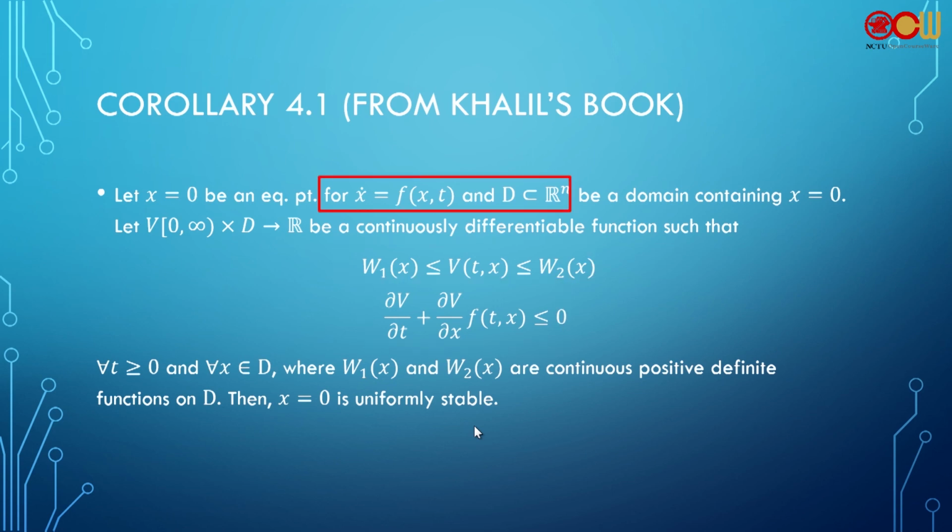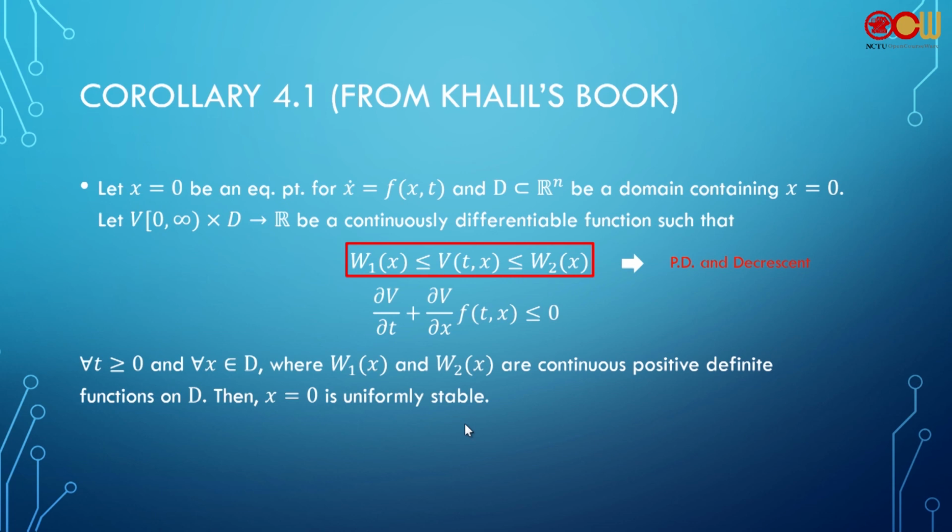So if you find this V that satisfies the condition, we will say that x equal to 0 is uniformly stable because it's less than or equal to 0. So this is the stability proof, the tool you can use to prove the stability for non-autonomous systems. So it's PD because V is lower bounded by W1, and it's decreasing because it's upper bounded by W2.